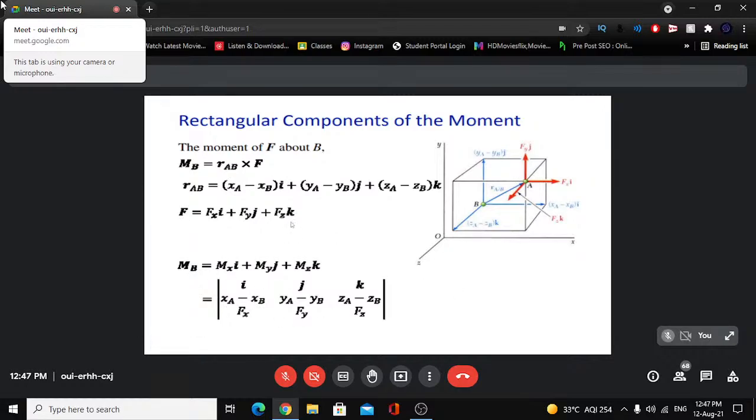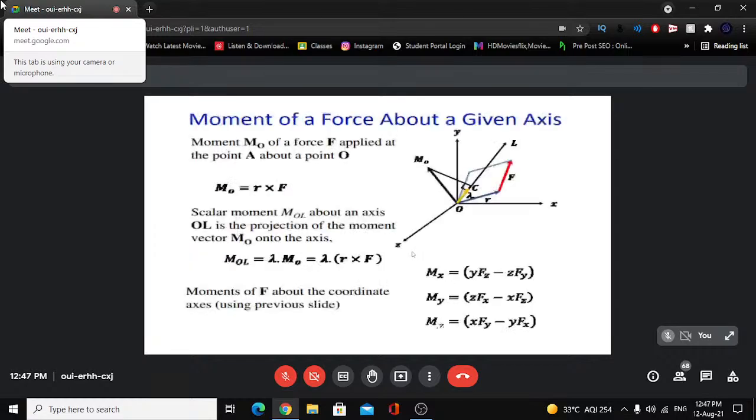F is fx i, fy j, fz k. So here we write in the determinant form: first row i j k, second row xa minus xb, ya minus yb, za minus zb, third row fx, fy, fz, and we get the determinant of this relation that will express the moment about point B. So we will get the rectangular components of the moment about point B.